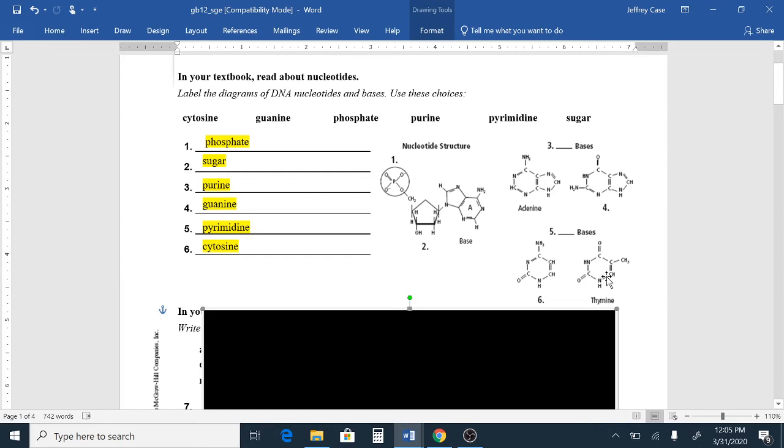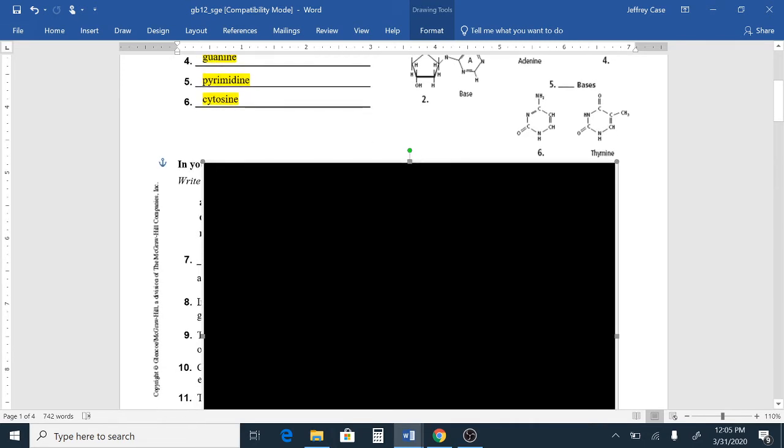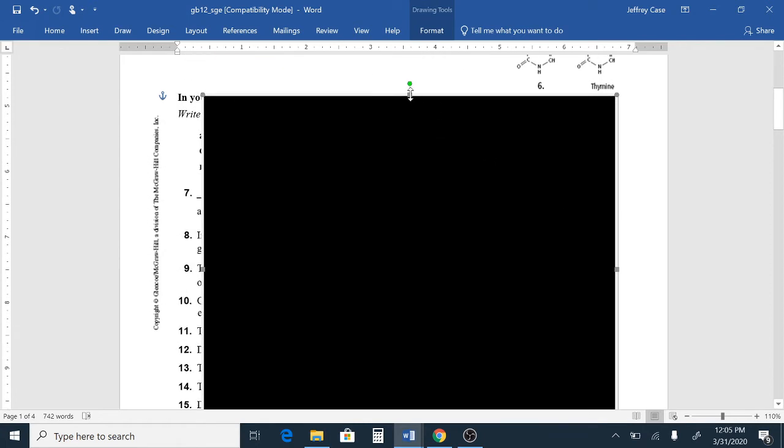One's a purine, the other's a pyrimidine. Not going to really worry too much about the difference here. Just notice the structural difference, how there's essentially 2 rings, if you will, for the purines and only a singular ring here for the pyrimidines. All right? Okay, let's go ahead and look.